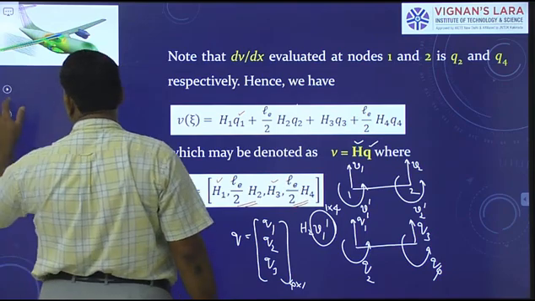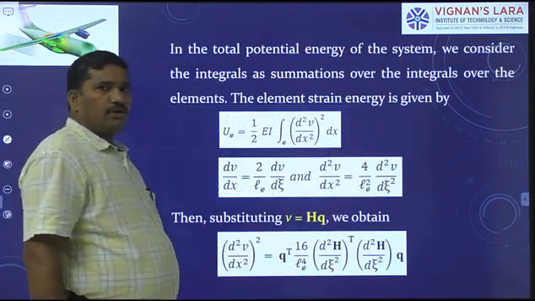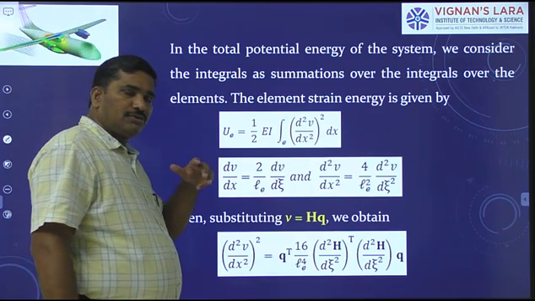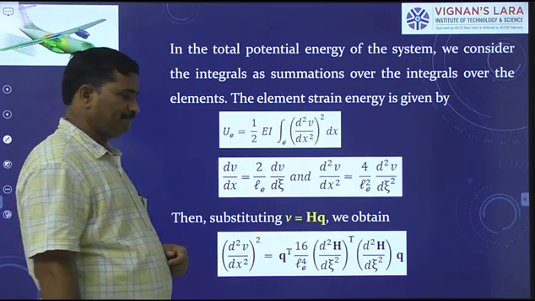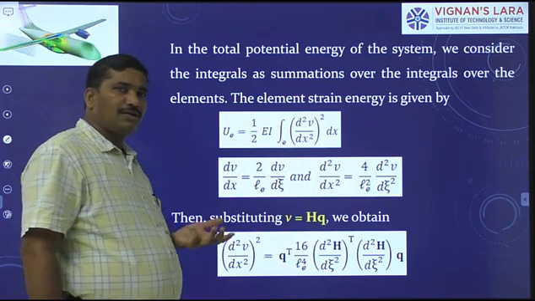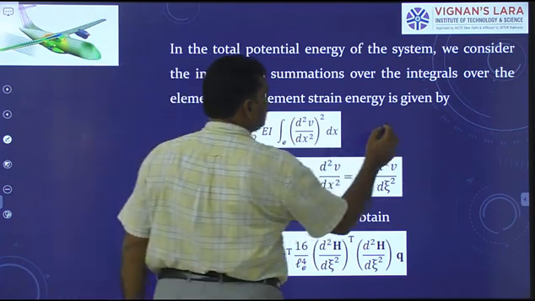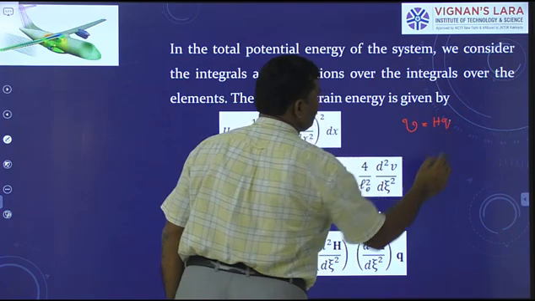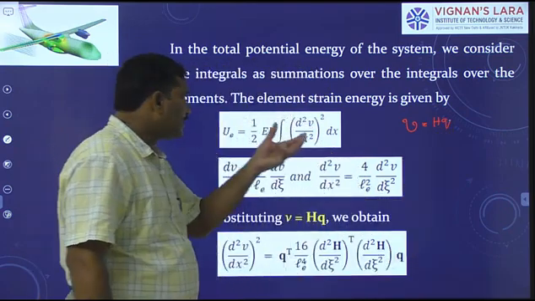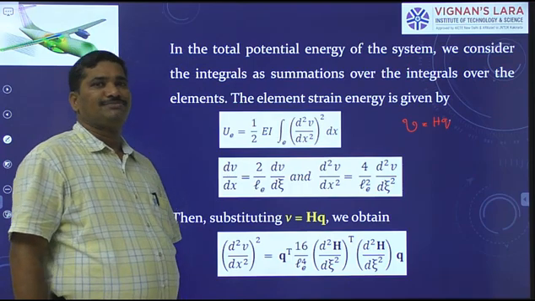Now, we have defined the Hermite shape function matrix after representing the displacement V as the product of H and Q. We can introduce this into the potential energy term.